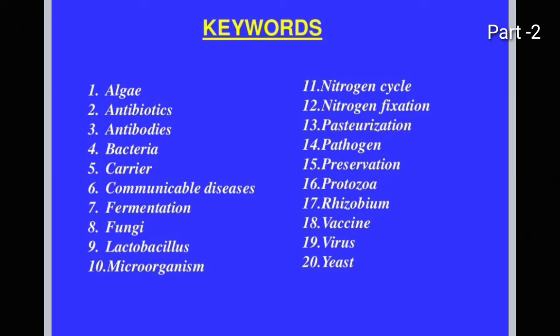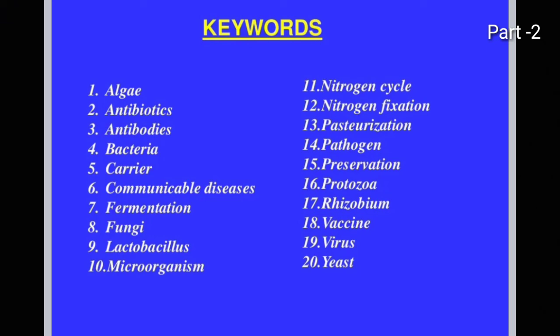Antibodies are prepared by the body in response to a disease causing organism. Then bacteria: we discussed how bacteria live and what the shapes of bacteria are. Then carriers, which transfer a disease from an infected person to a healthy one. Then communicable diseases which are caused by direct contact.